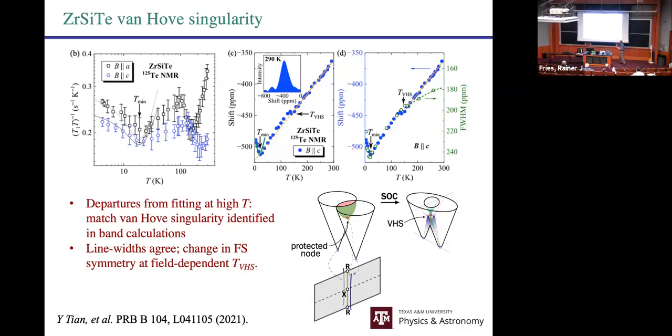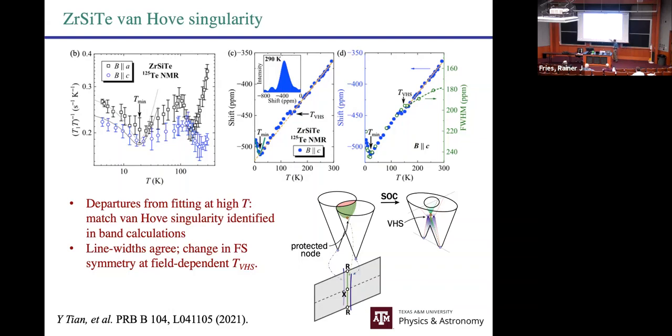Well, for the departures at high temperatures, we realize there's something else interesting going on. And so what we did was we drilled down into the band structure. We realized there's an interesting conjunction of different energy states going on here. And this corresponds to a singularity in the density of states due to a conjunction of nodal lines.